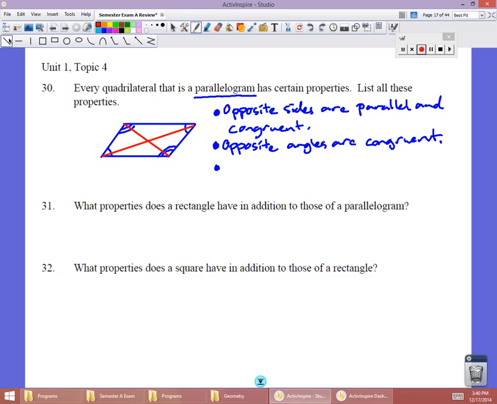And so the diagonals are not the same length, but what do the diagonals do? Well, the diagonals cut each other in half. So this diagonal bisects that one, and vice versa. Alright, and so let's write that out. So our third bullet point is that diagonals bisect each other.